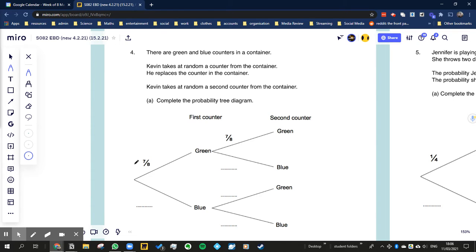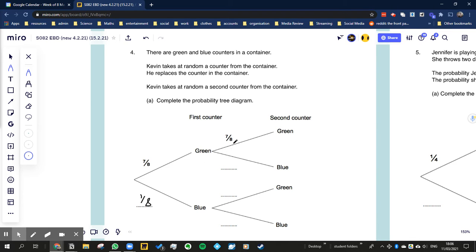It's either this or that. It can't be anything else, because that's what the probability tree is telling us. So if the probability of him picking a green is 7 out of 8, then it must be 1 out of 8 of picking a blue, right?